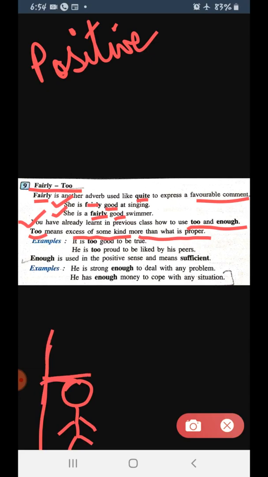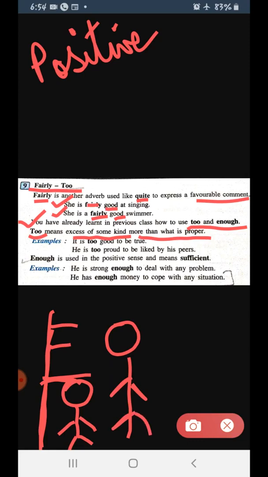But if I say there is a boy who is of this size, that means he is beyond normal, more than normal. Then what will we use? We will use too.